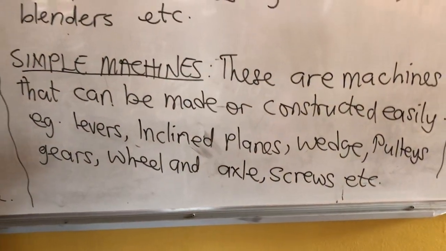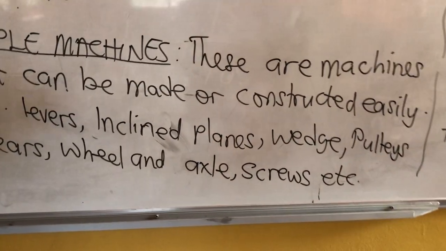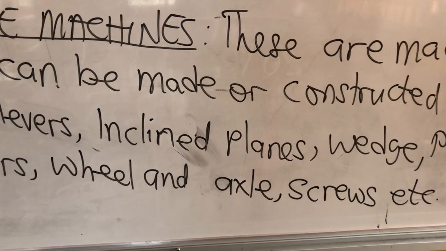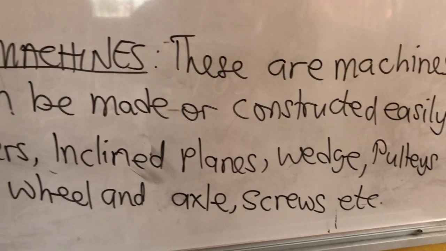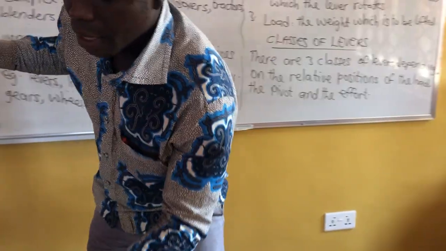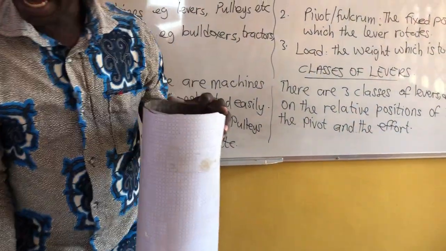Now, let's look at incline planes. Incline planes are simple machines which allow us to perform work. Now, for example, if you have this load, please help me. This is how an incline plane looks like.